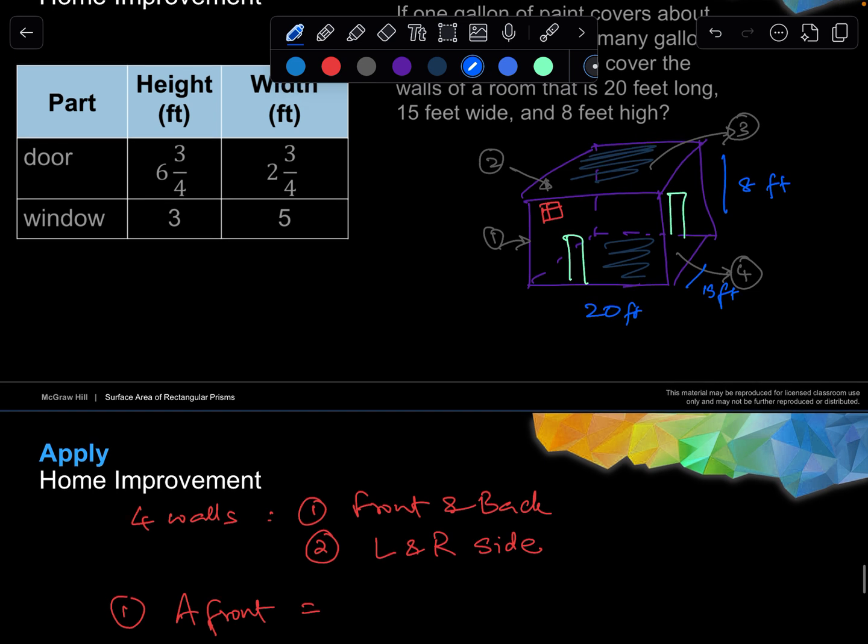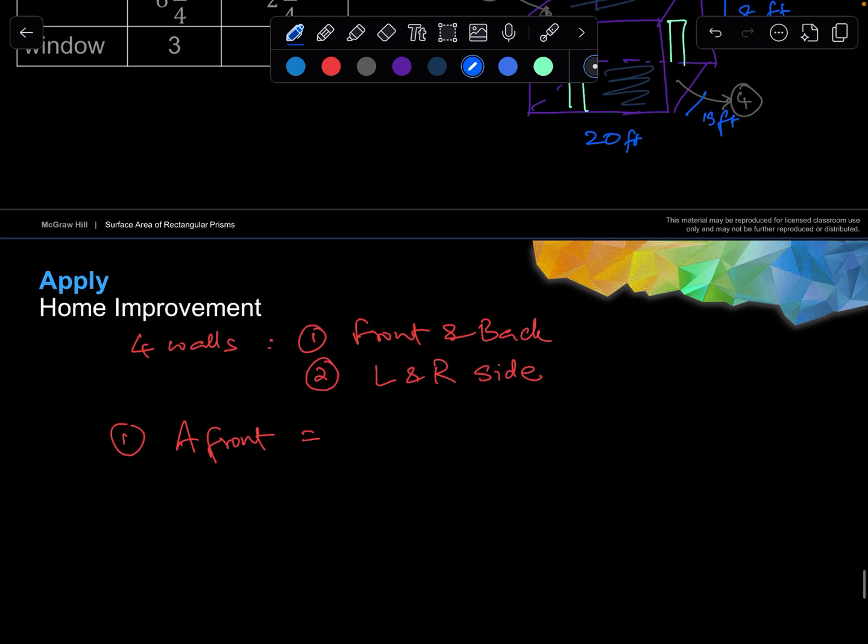So my front and back are going to use the dimensions 20 and 8. That's equal to length times height, which is 20 times 8, that's 160. So area of front plus back is equal to 160 times 2, which is 320 square feet, right?